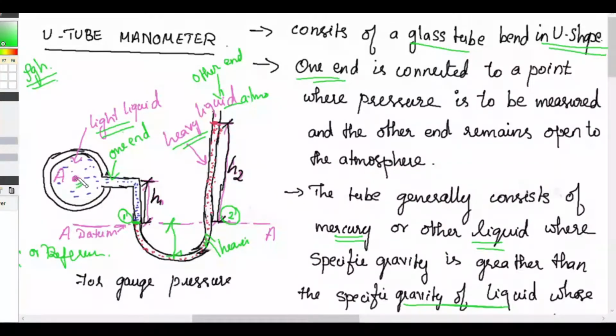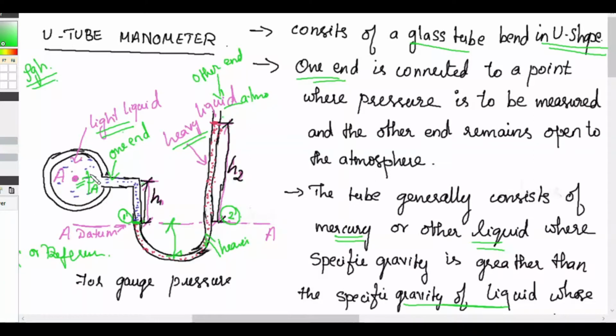Here at point A, we have the pressure, so that is called pressure at A. So pressure intensity at 1 will be equal to pressure intensity at A plus pressure intensity due to the height H1. Similarly, the pressure intensity at 2: in this column we don't have any other liquid, so there is only pressure due to H2.